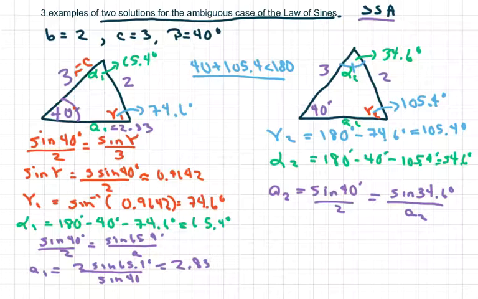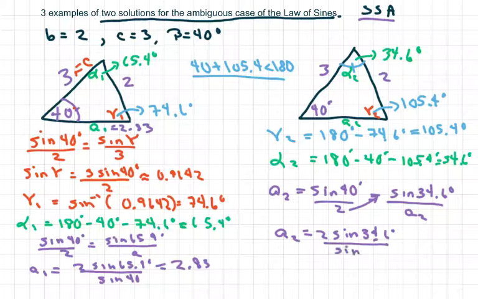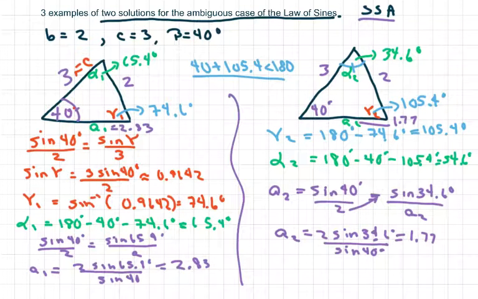You cross multiply, and that's going to give you A2 equals 2 sine 34.6 degrees over sine of 40 degrees. And that's going to be about 1.77. So that right there is 1.77. So there's your two triangles.